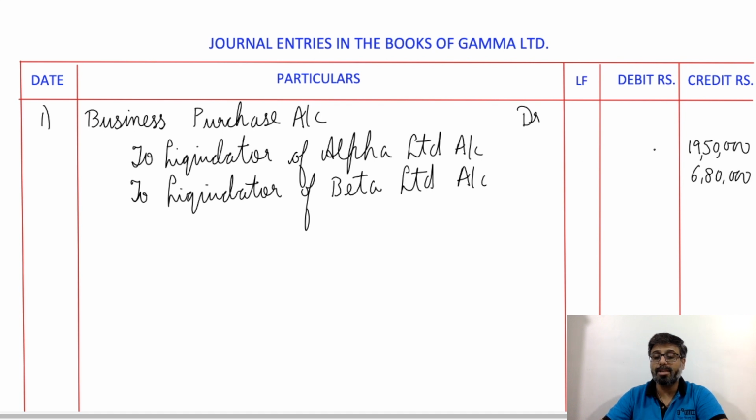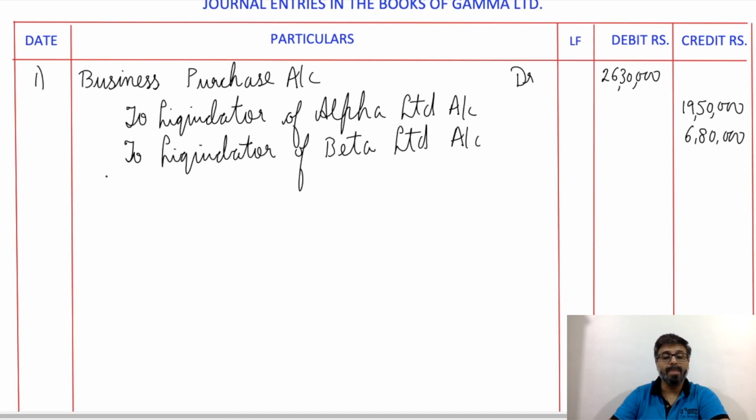The total purchase consideration of both the companies is 26,30,000. Being business of Alpha Limited and Beta Limited purchased.